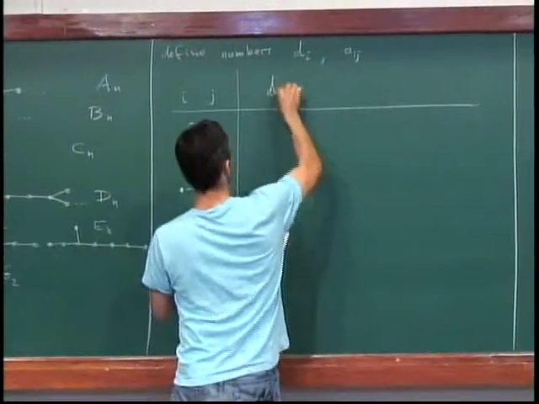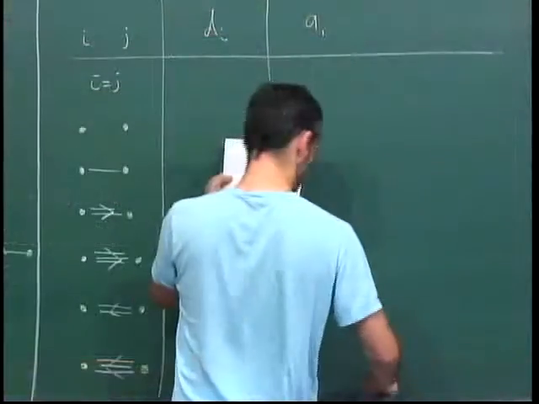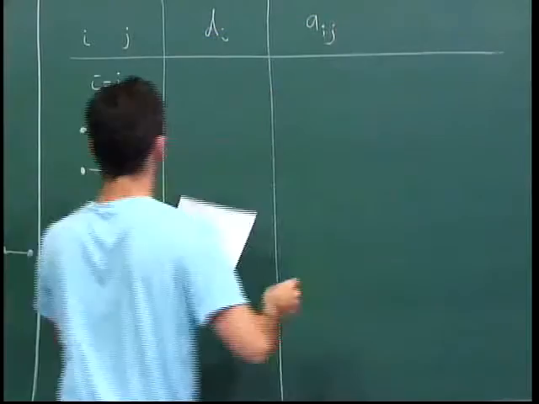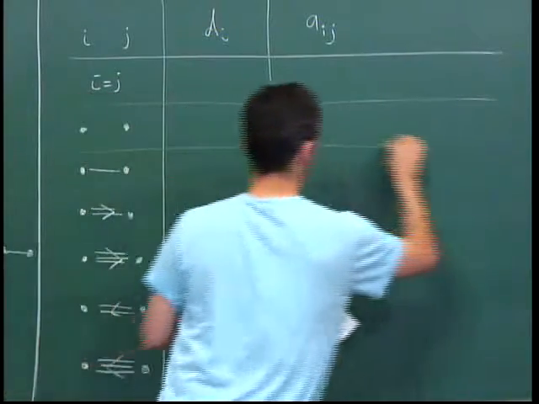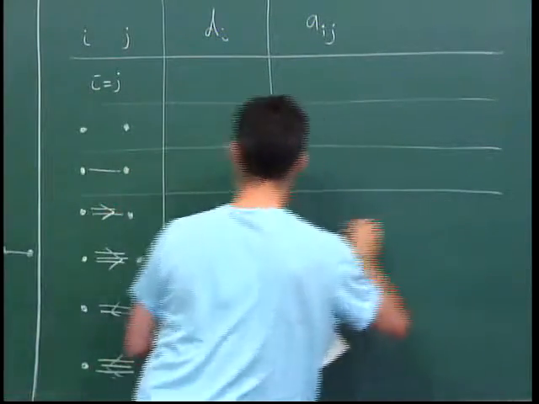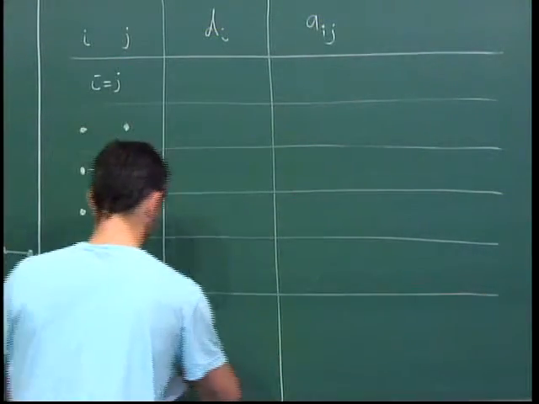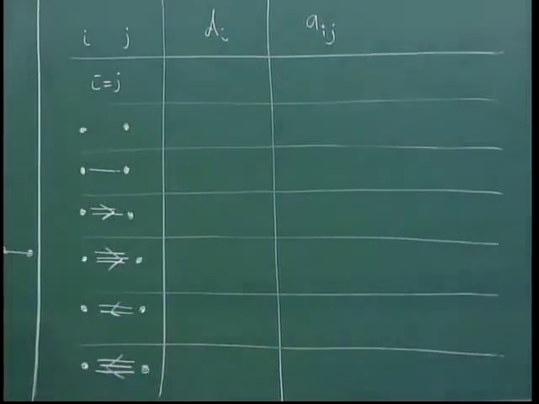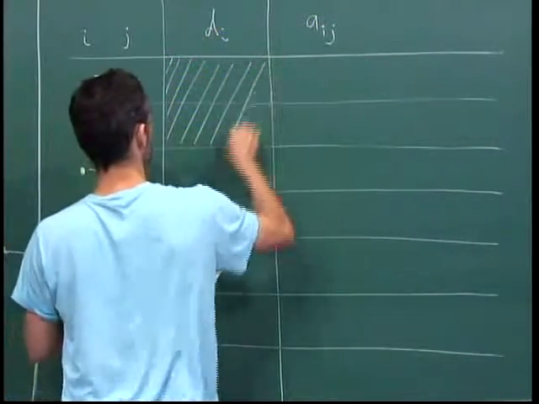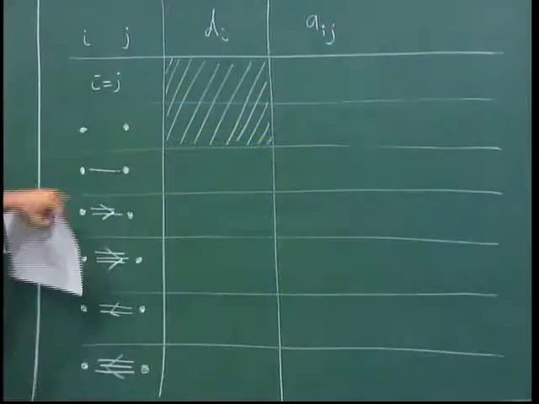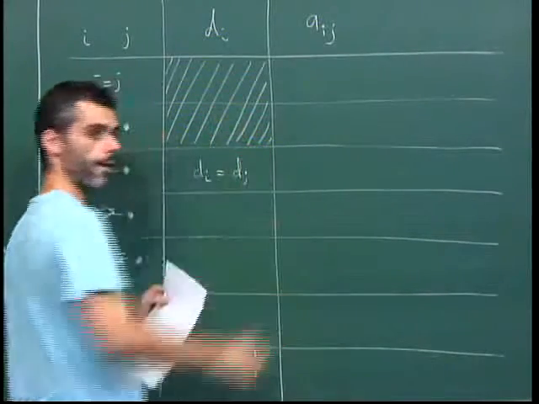So di and aij. Let's see. Actually, I won't give you any information about di in these cases. Here, I will give you the information that di equals dj, but I will not tell you what di is.